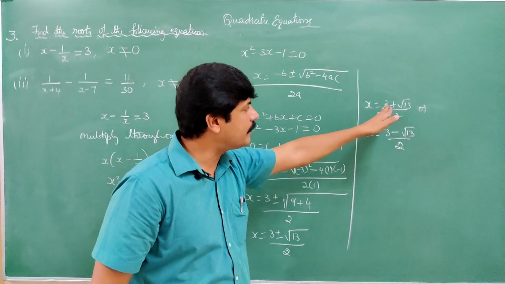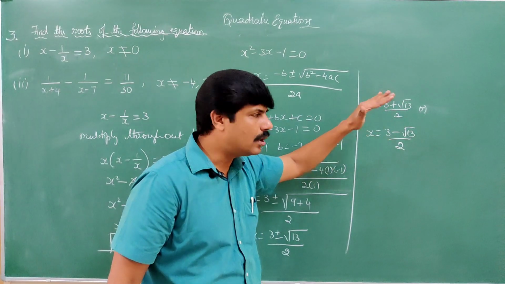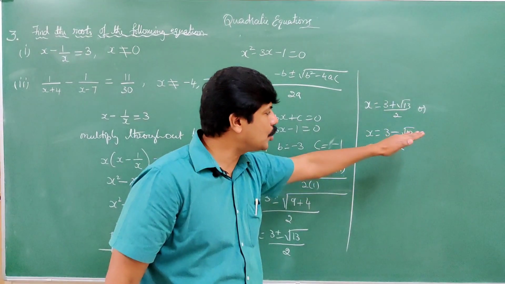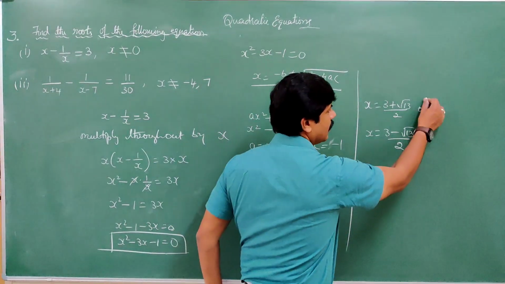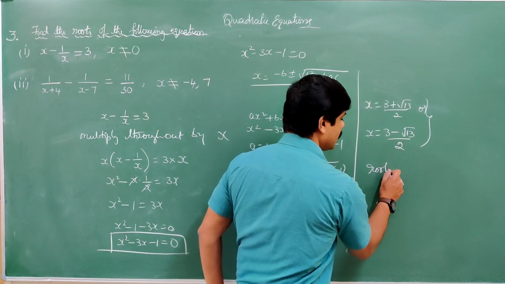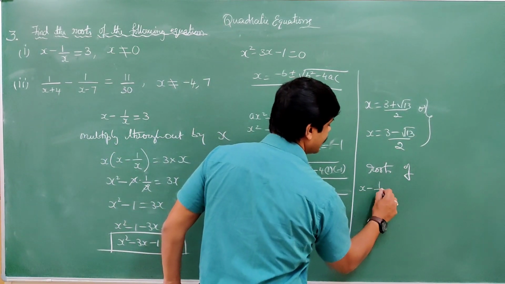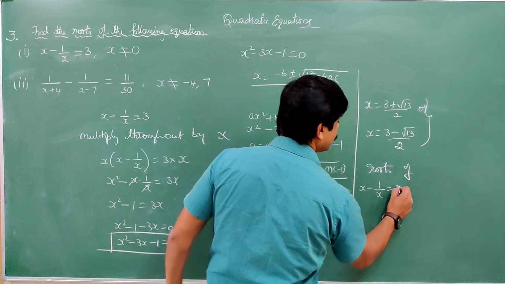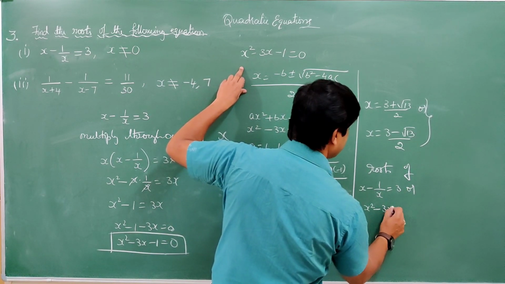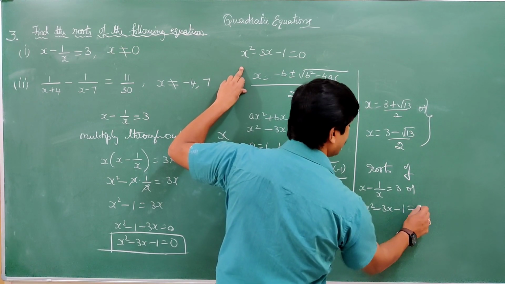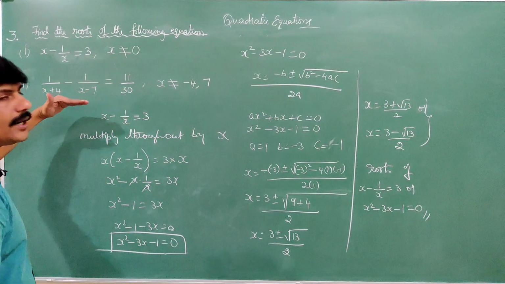The roots are 3 plus root 13 by 2 or 3 minus root 13 by 2. These are the roots of what? x minus 1 by x equals 3, or x squared minus 3x minus 1 equals 0. Did you understand? Okay, now we'll jump into the second question.